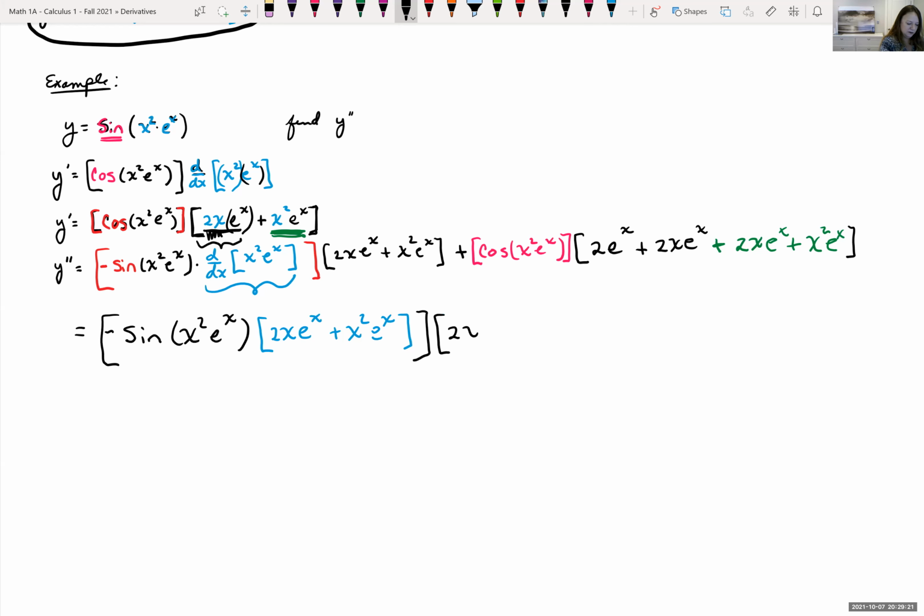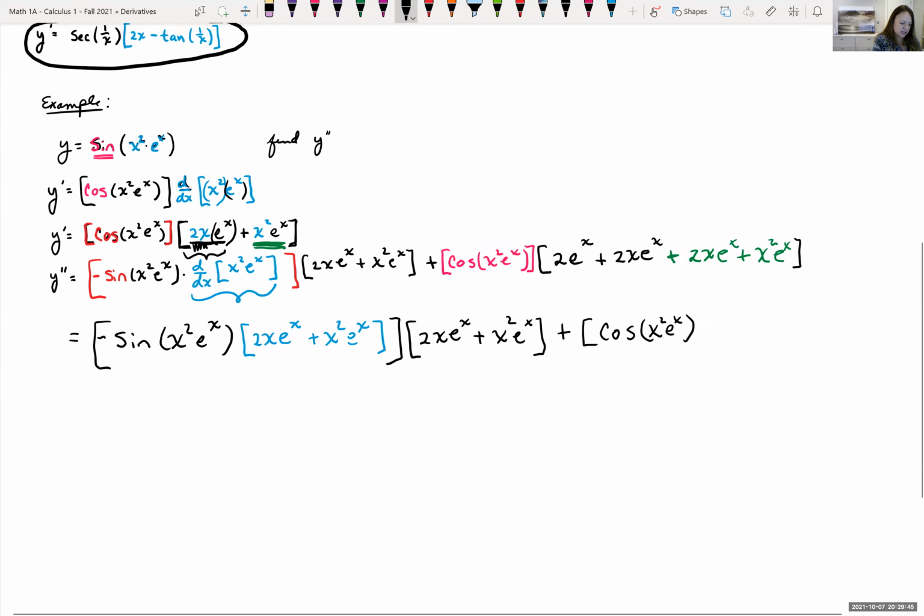That all times 2x e to the x plus x squared e to the x, plus cosine x squared e to the x. So it looks like I have some like terms in here.